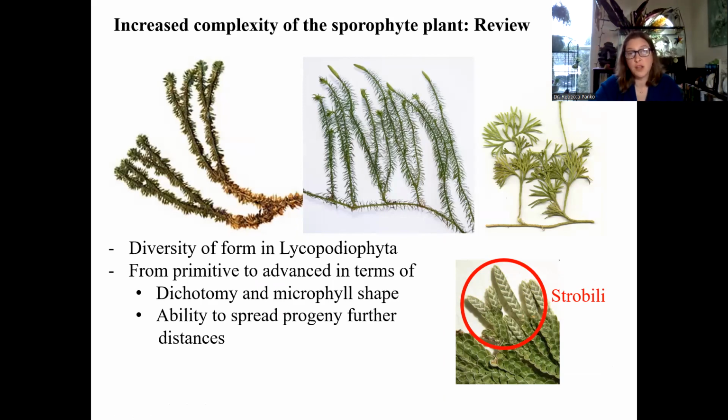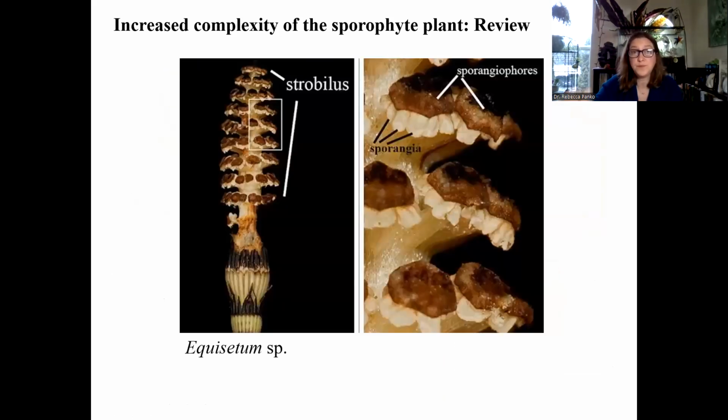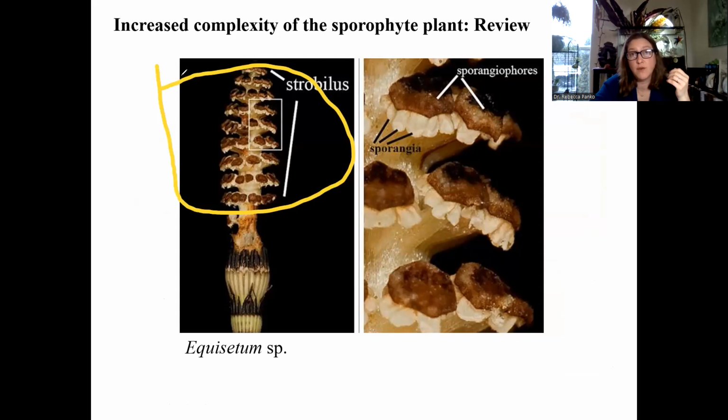This is just talking about what I said before about growth pattern, going from a more simple body to a more complex body. When you get to horsetails, you now have strobili that are composed of sporangiophores, each sporangiophore being able to have many sporangia. So this here is 1 strobilus of a horsetail.